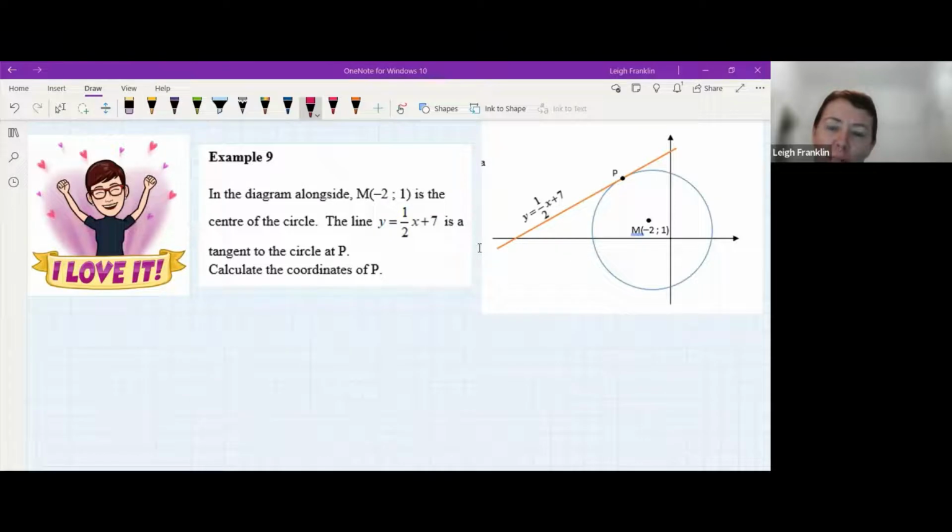Okay, so we've spoken a little bit about how to find the coordinates at a point of intersection. And in our previous lessons, we've spoken about how to use the equation of a circle together with the equation of a line to find the coordinates at the point of intersection. Do you think that's what we're going to do here?